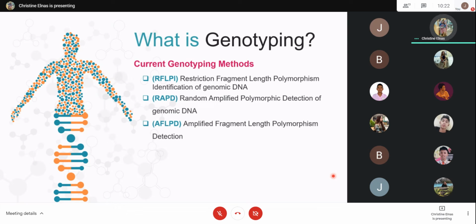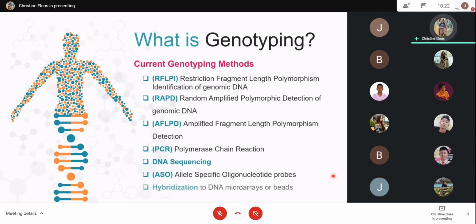These are some of the current genotyping methods, which include RFLP, the restriction fragment length polymorphism identification of genomic DNA, the random amplified polymorphic detection of genomic DNA, the AFLP or amplified fragment length polymorphism detection, PCR or polymerase chain reaction, then DNA sequencing, ASO or allele-specific oligonucleotide probes, hybridization to DNA microarrays or beads.